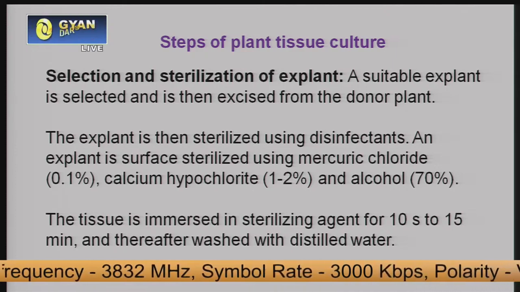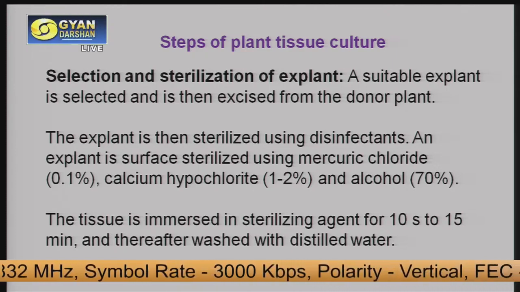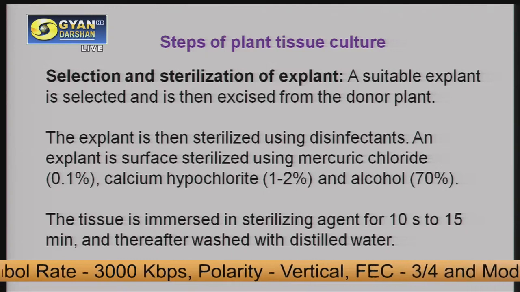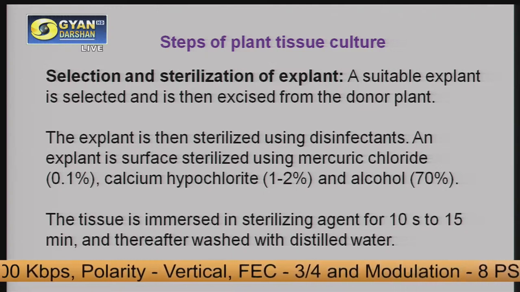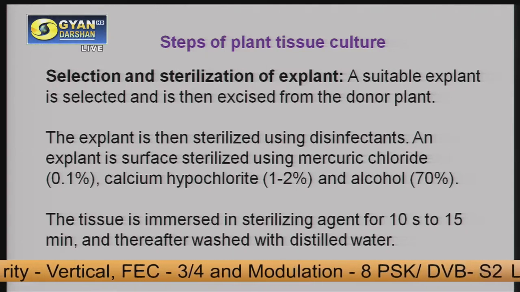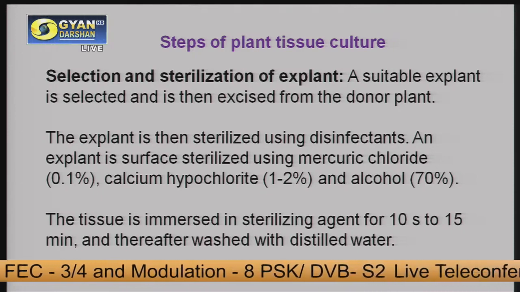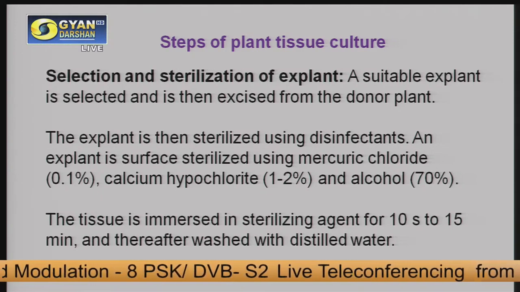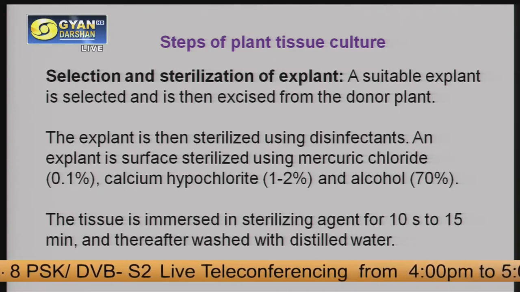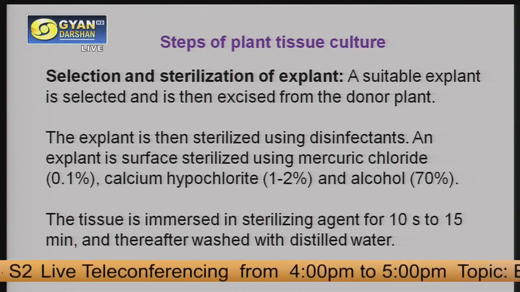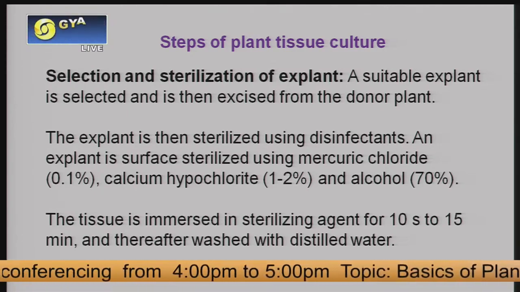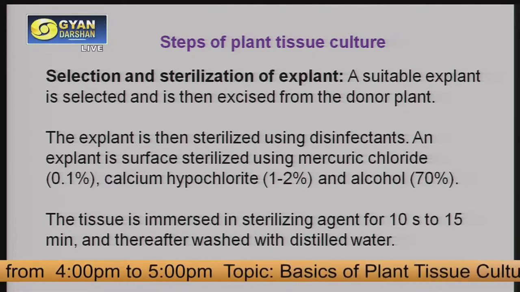So this sterilization is the surface sterilization. For that there are different disinfectants or different sterilizing agents. The most common of which is mercury chloride. Normally we use 0.1% mercury chloride, or you can use any hypochlorite solution, calcium hypochlorite, even alcohol, that is 70% alcohol.